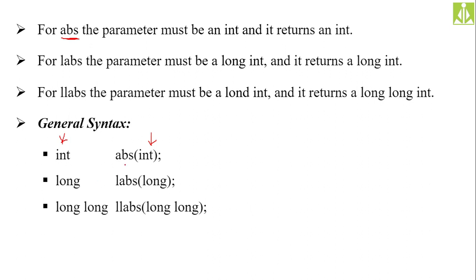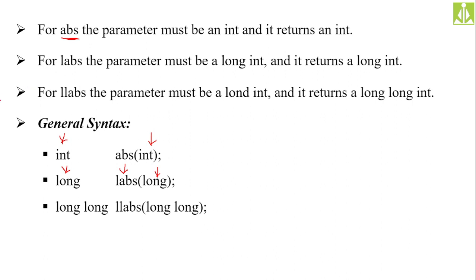Then LABS, long integer. LABS is taking the long integer as input and returning the output also as a long integer. So here if you give the negative integer as input, you will get the positive integer. If you give a positive integer as input, in that case also you will get the positive integer only.